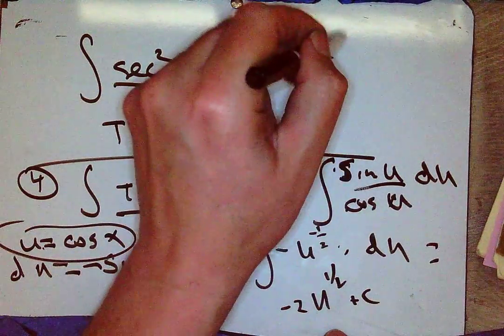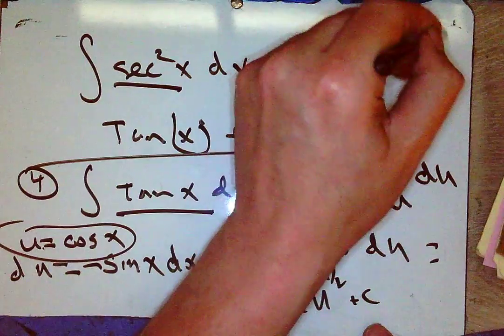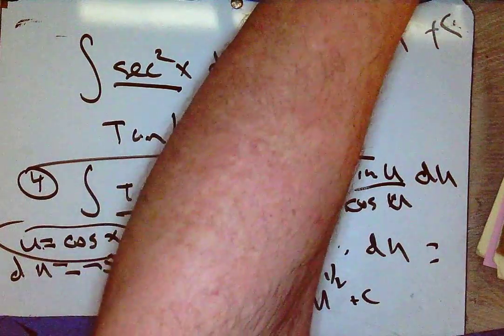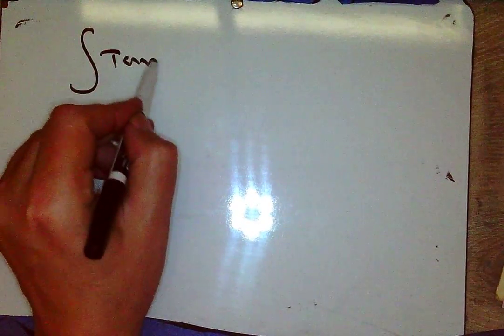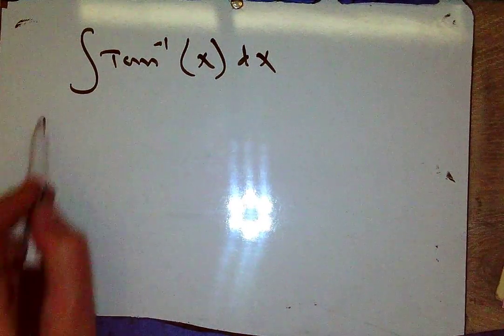So, negative 2 square root cosine x plus c. Okay, and then the last one on station 14. Tangent inverse of x dx. All right.